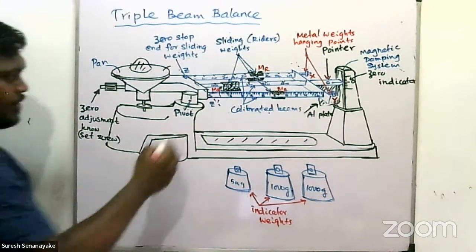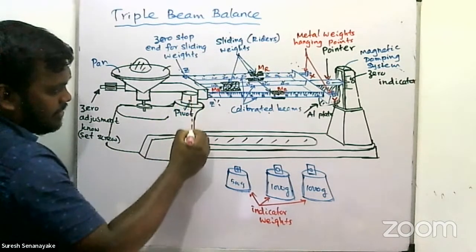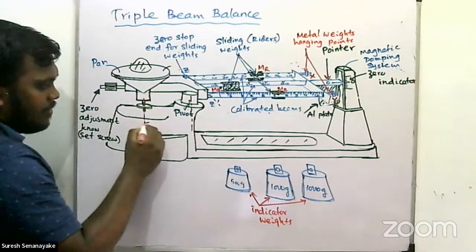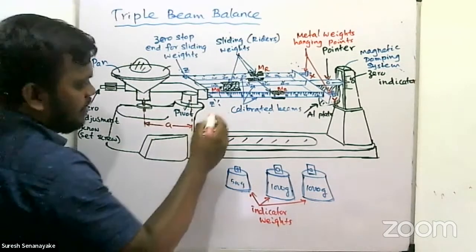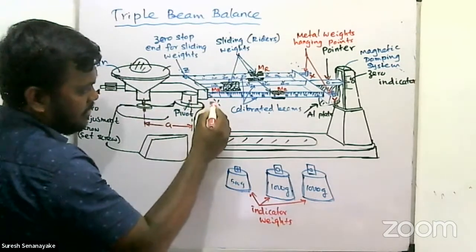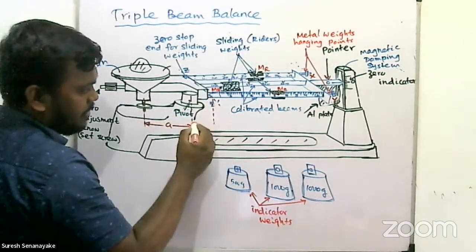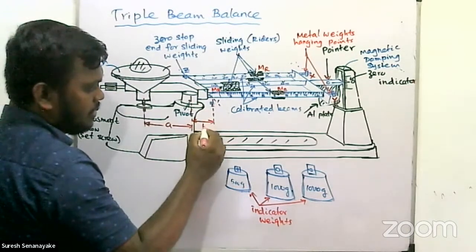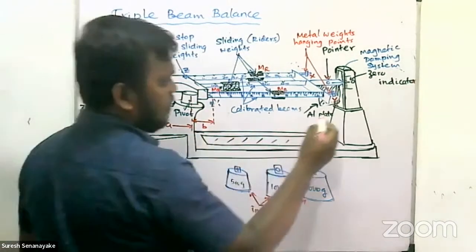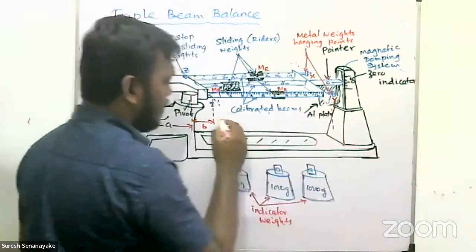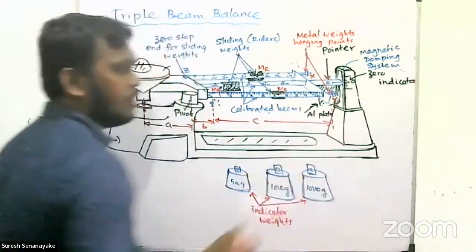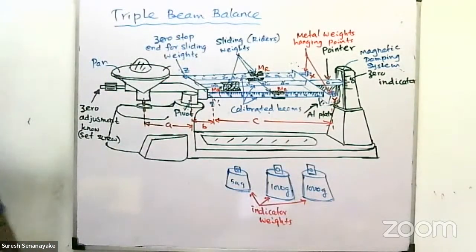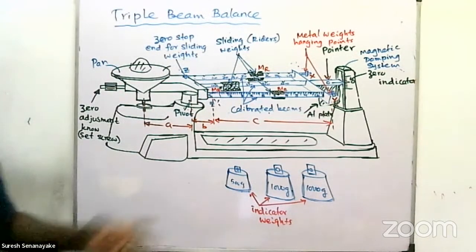Measure the distances from the pivoting point and mark them. The zero position is here, and the zero indicator position is B. From this end, the distance is called C. When taking moments, those distances are what matter.